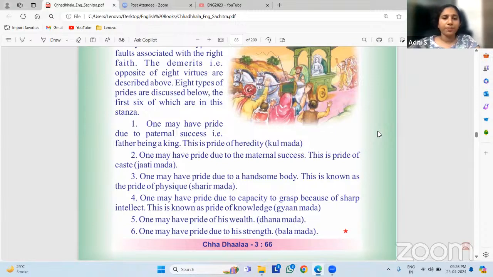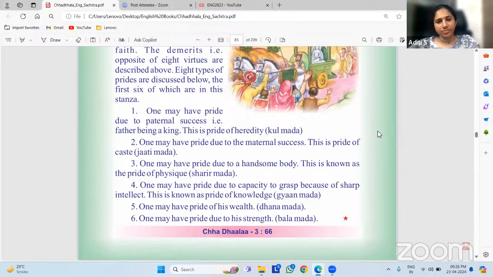This is known as the pride of physique, sharir mad. One may have pride due to the capacity to grasp because of sharp intellect. This is known as pride of knowledge, Gyan Mad. One may have pride of his wealth, Dhan Mad. One may have pride due to his strength, Bal Mad.